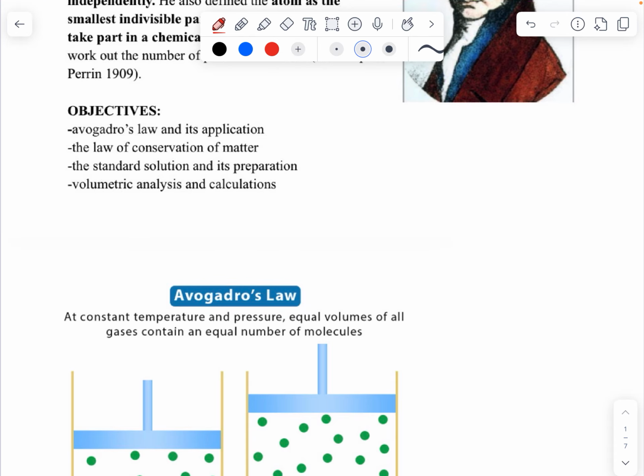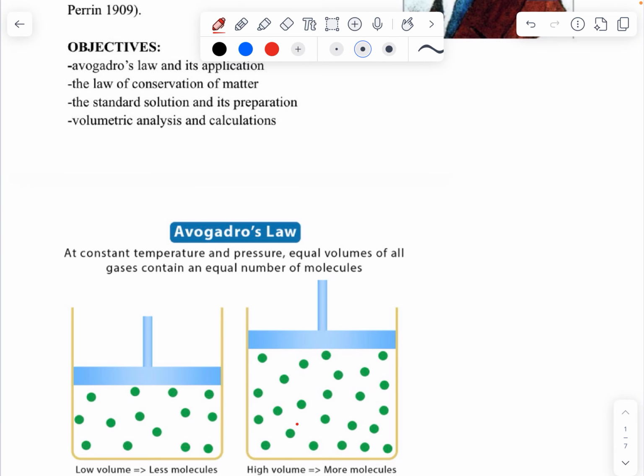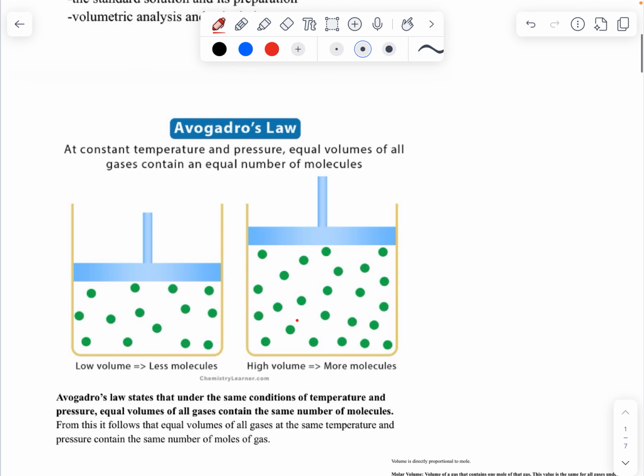Something a little bit more about what Avogadro discovered was his own law, which is Avogadro's law. His law says that at constant temperature and pressure, equal volumes of a gas will contain an equal number of molecules.